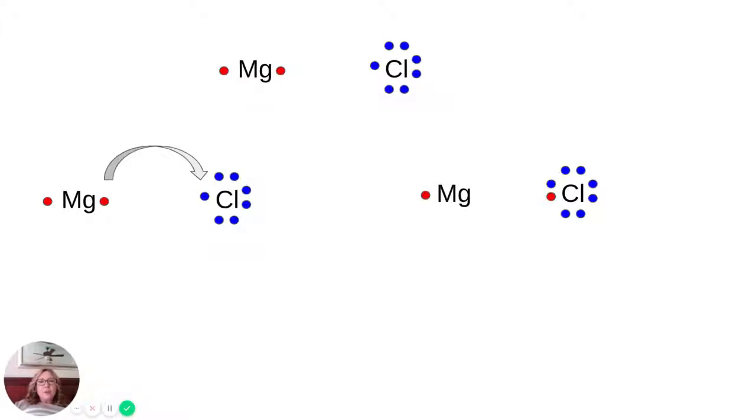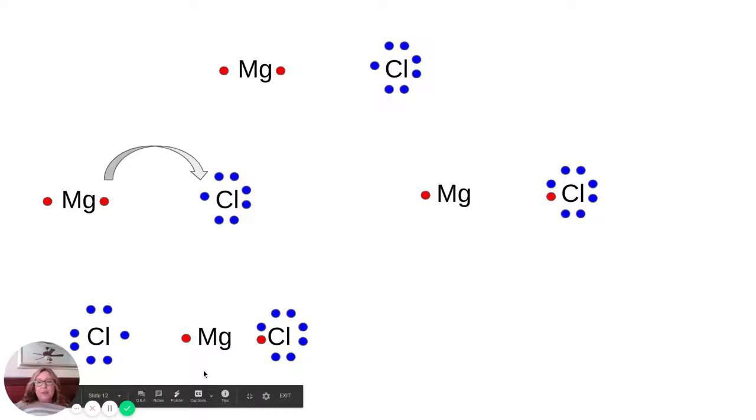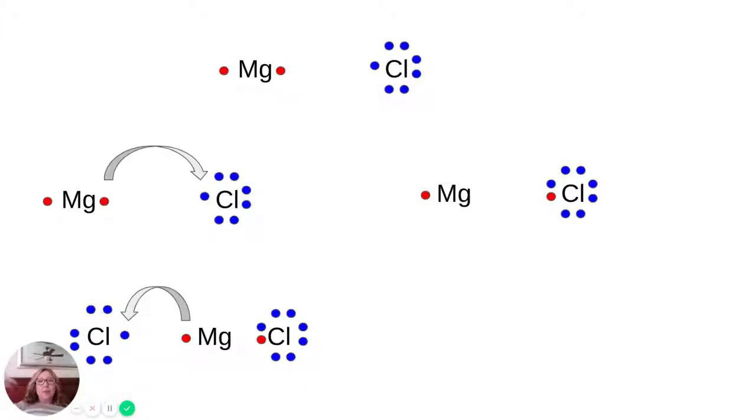Well, it turns out that, like in real life, if magnesium is next to 1 chlorine atom, more than likely, in fact, it's a guarantee, there's going to be another chlorine atom around there too. So that's what happens. The magnesium will be next to another chlorine atom that wants its extra electron. So that chlorine atom will steal the extra electron from magnesium.